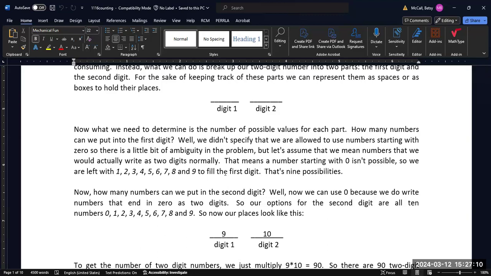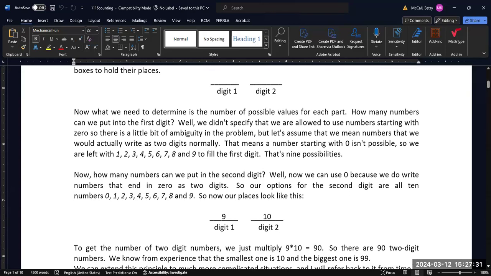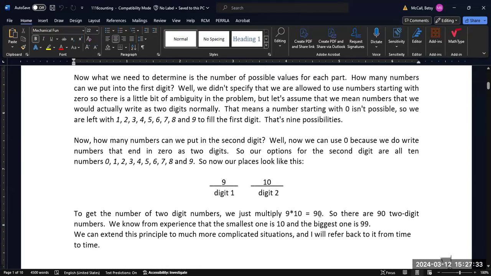In that case, you're not allowed to have 0 as the first digit, so we would have only 9 possibilities for digit 1. But in our second digit, we can use 0, so we would have 10 possibilities for digit 2. That would give us 90 two-digit numbers.